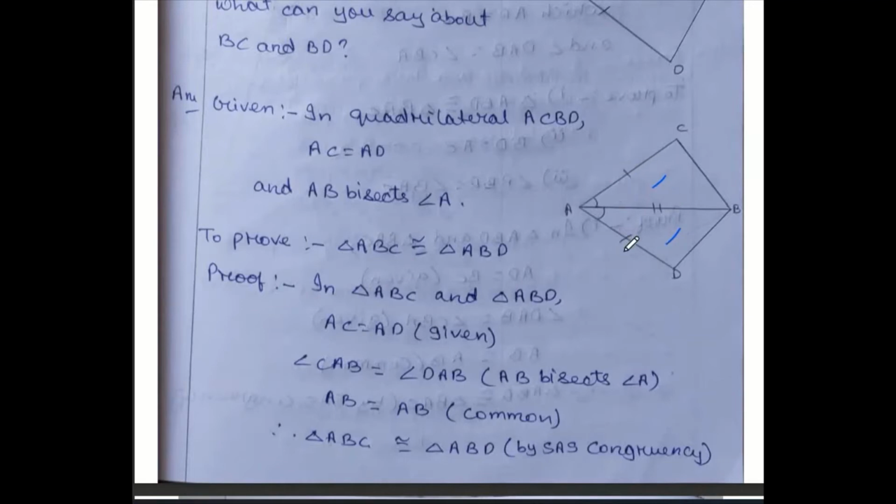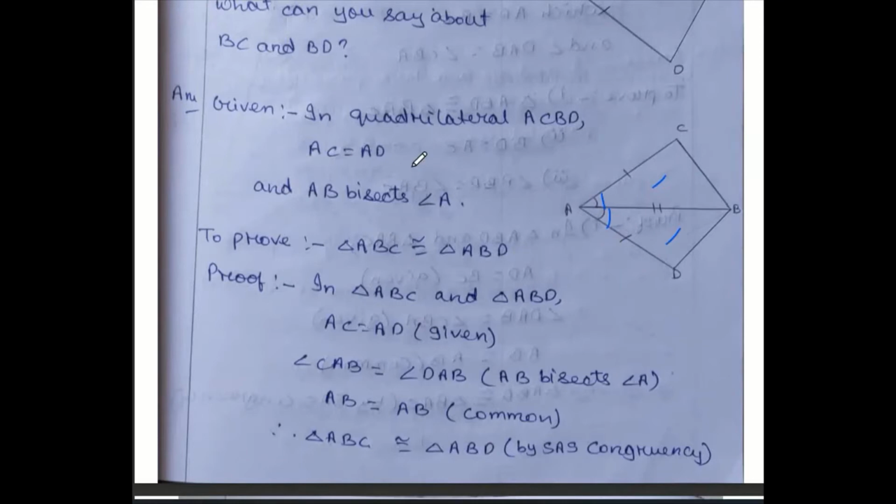AC belongs to this triangle, AD belongs to this triangle. Both are already equal. It is already given that AB is bisecting the whole angle A. So this angle and this angle are both equal. This line is common. Then both the triangles are congruent under side angle side congruency.